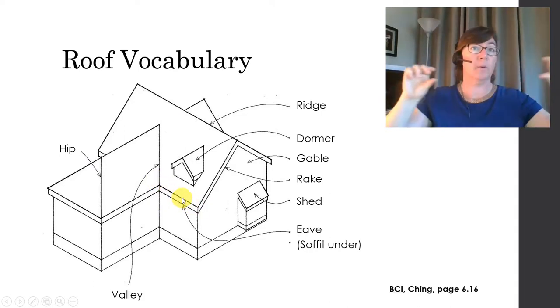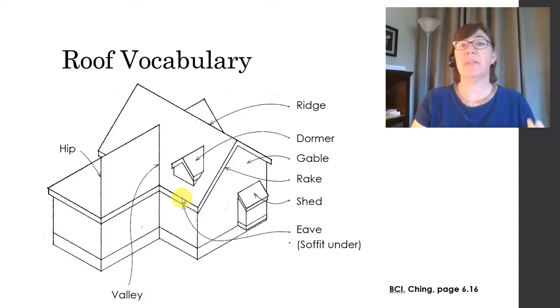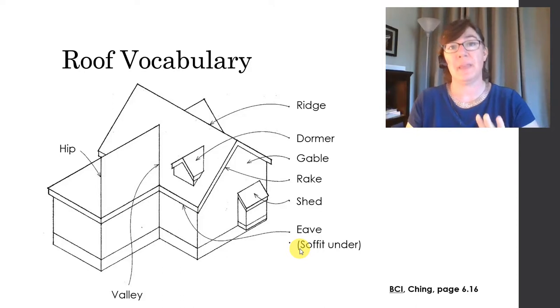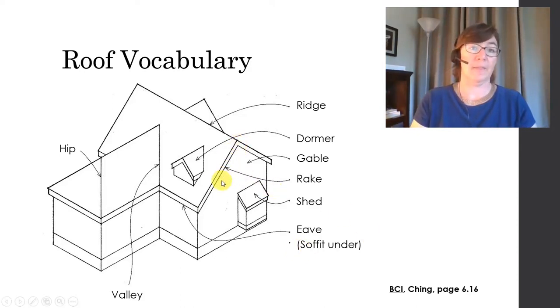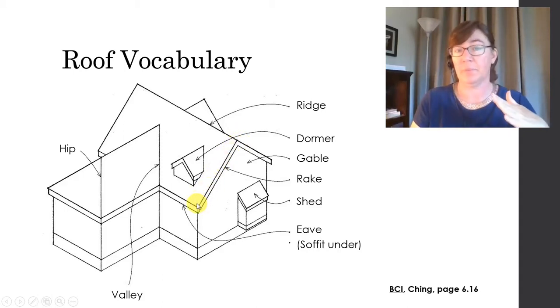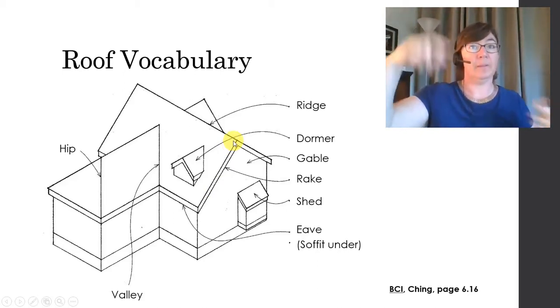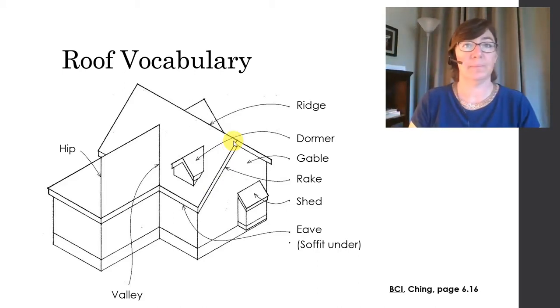It is a horizontal edge, and it's called the eave. You can't see it in this illustration, but underneath the eave is the soffit. And finally, the second edge condition of this sloped roof is called a rake. You can see that the rake is the edge that's at an angle.